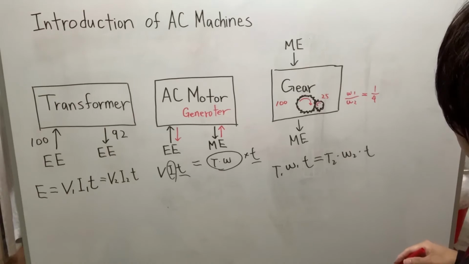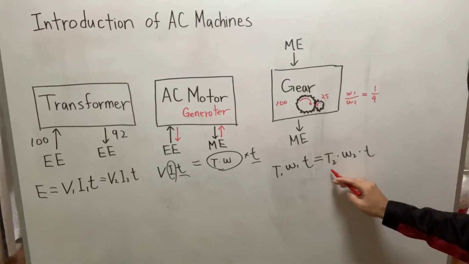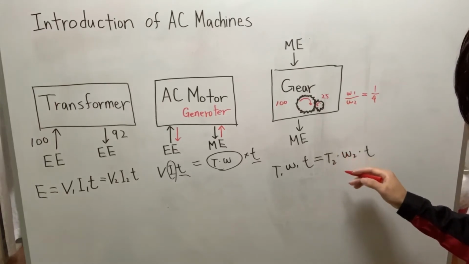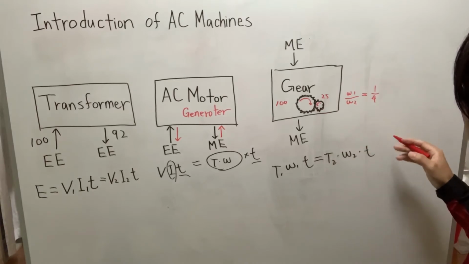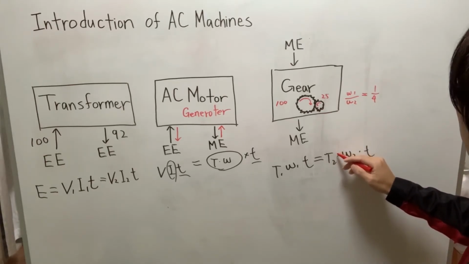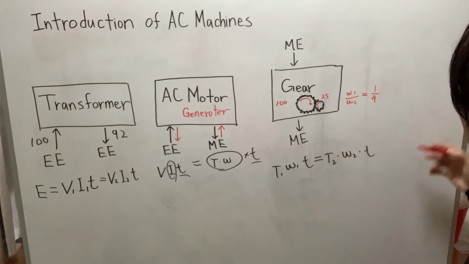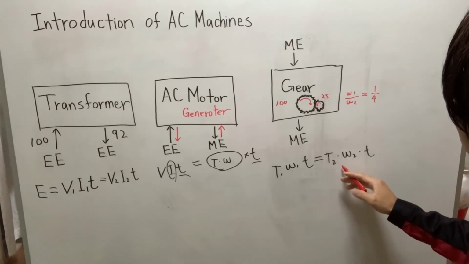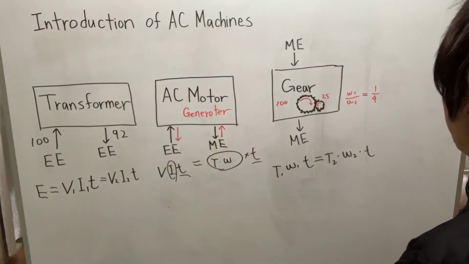So let's say the torque 2 becomes 4 times less, but the speed becomes 4 times more. So it's kind of a relationship like transformers on the electrical energy side.